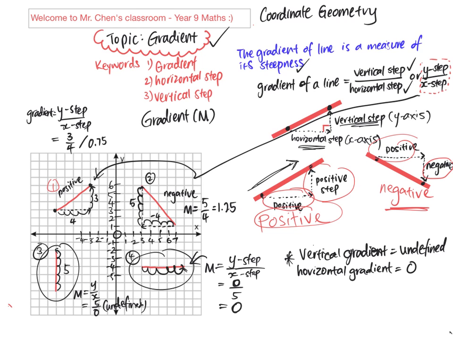And the rest, as long as it has a little bit of steepness, it can be as steep as that, you always have a number, as long as you do it right. Always have values. So always remember your m is equal to y step divided by x step.